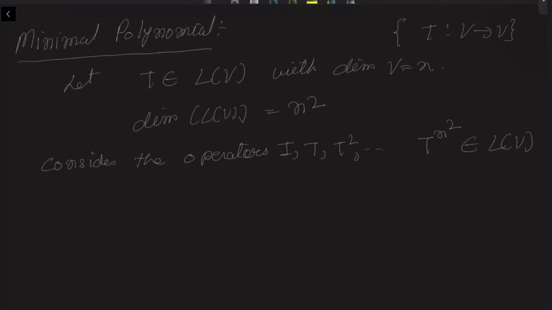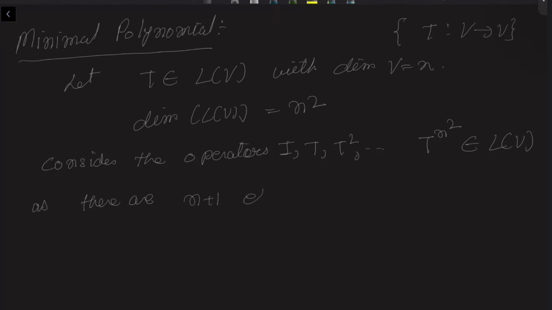Okay. Now since there are n square plus 1 elements and the dimension of L(V) is n square, what does it imply? It implies that this set is actually linearly dependent.